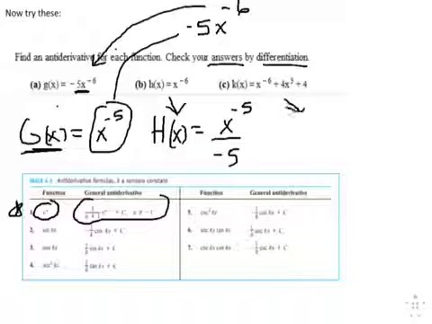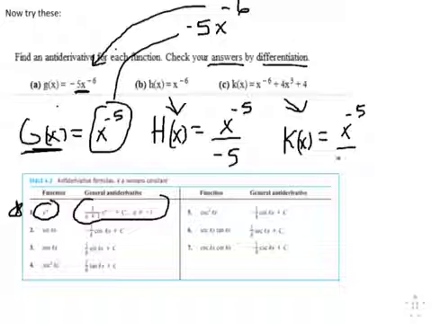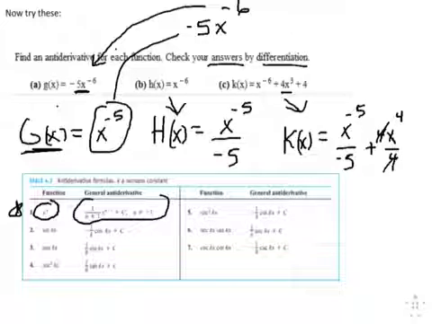And then in part C, capital K of x, the antiderivative for little k of x, hopefully you're thinking now, is x to the negative 5 over negative 5 plus, and then the antiderivative of x cubed is x to the 4th over 4. But then it's got that 4 out front, so those are going to cancel and you're just going to be left with 1.